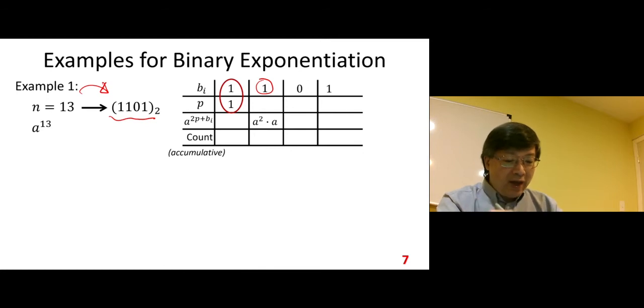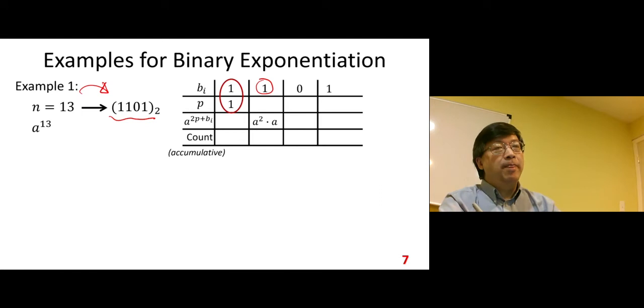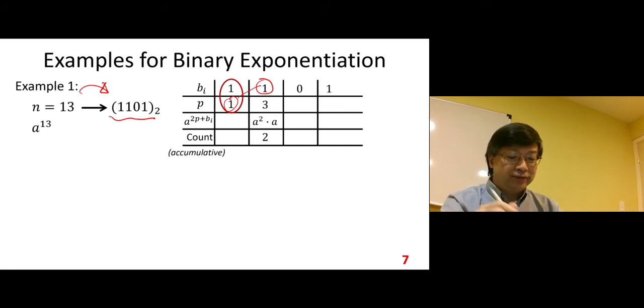Because it is 1, when we see a non-zero bit, we square and multiply by another base number. So 2 multiplications. The P update: 2P plus 1 is 3. So we update it to 3. That's the first step.